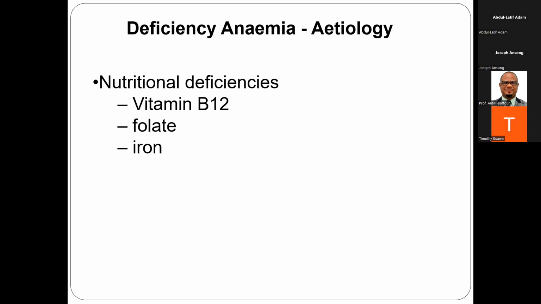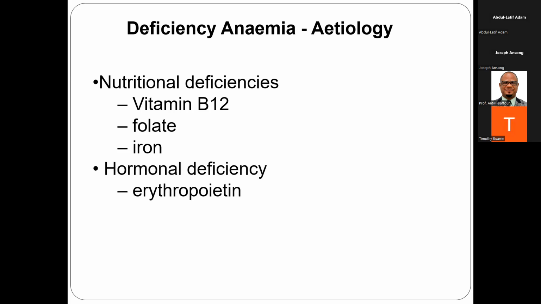If any of these nutritional components are missing or are deficient, then it is likely to lead to anemia. And so if it is vitamin B12, we say vitamin B12 deficiency anemia, or folate deficiency anemia. Usually B12 and folate are joined together. Then we all know iron deficiency anemia.